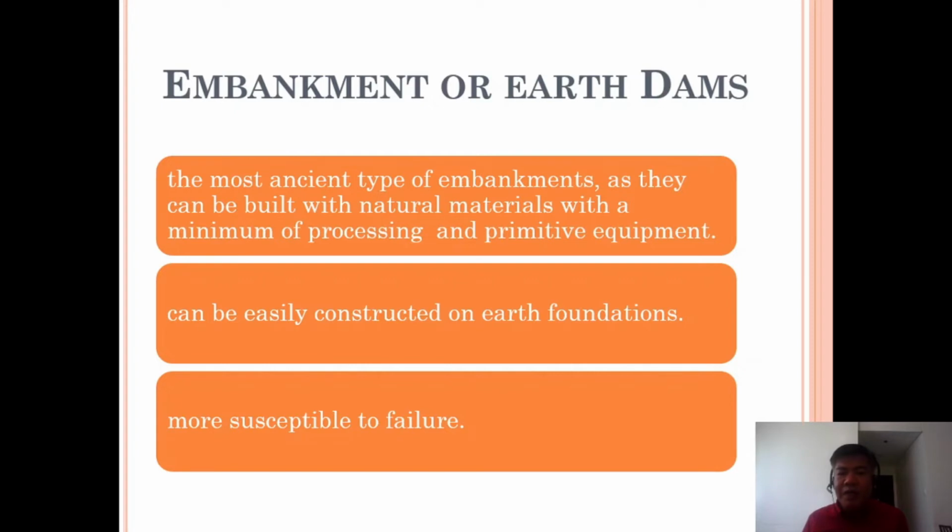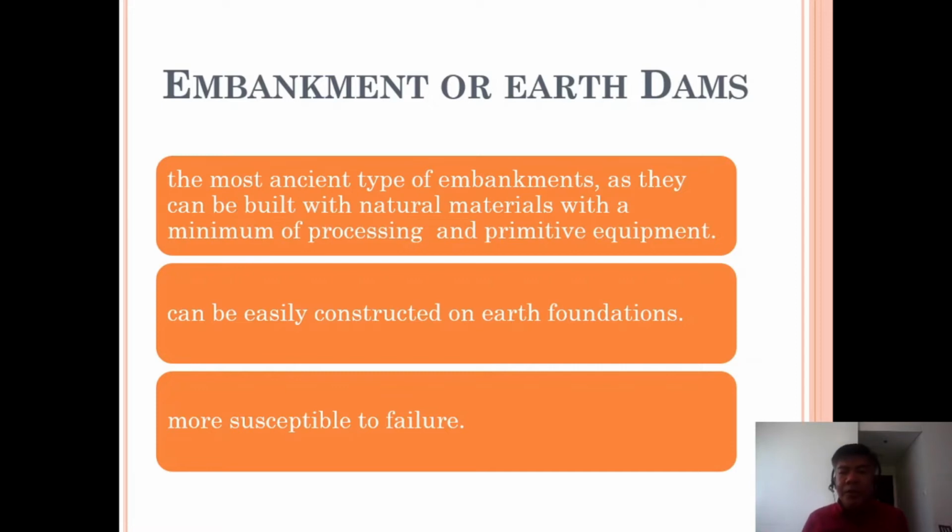Another one is that it can be easily constructed on an earth foundation, because the weight itself is not that heavy, unlike concrete. If the height of the dam exceeds 30 meters or even more, it is the weight that resists the hydraulic pressure of the water on the upstream side and avoids the overturning effect.